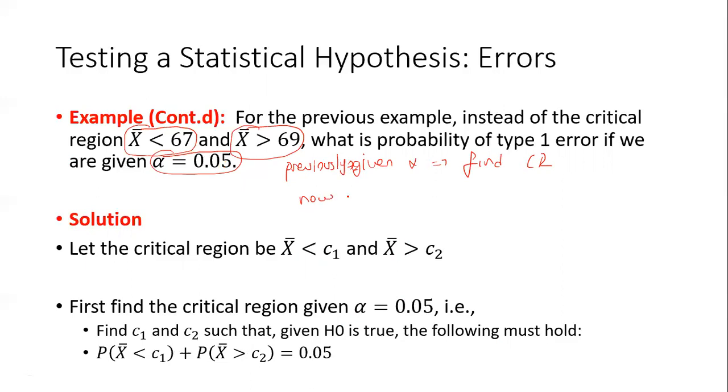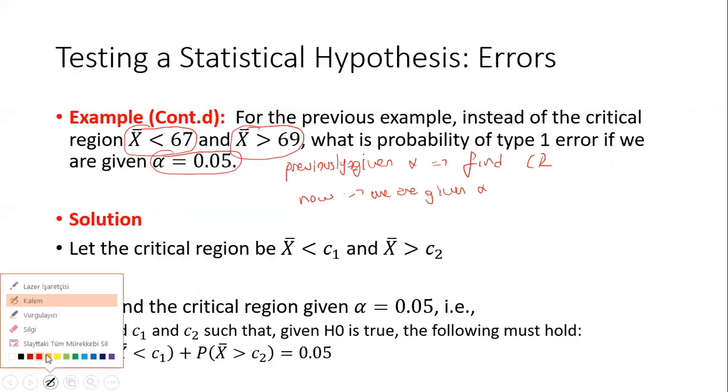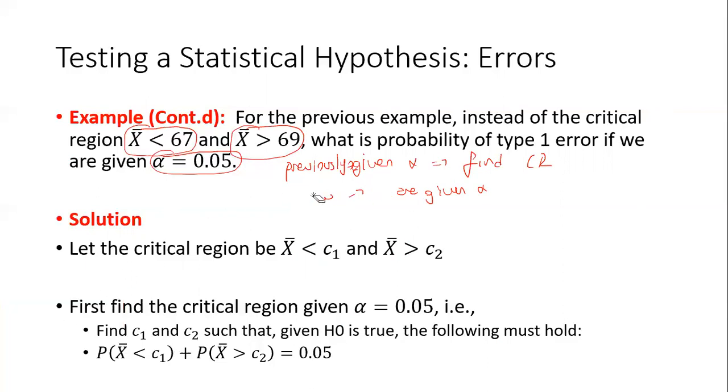So in this question, given the critical region, we found alpha, or the probability of type 1 error.